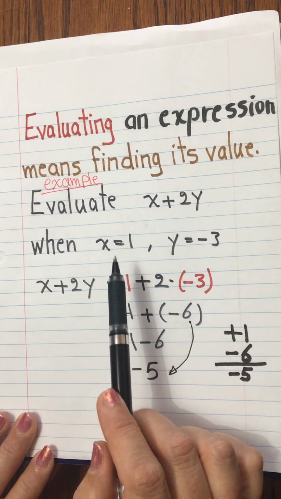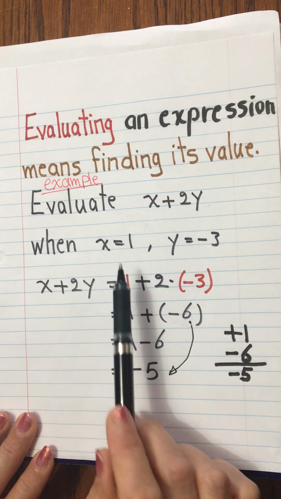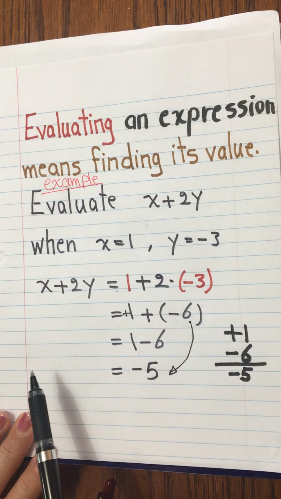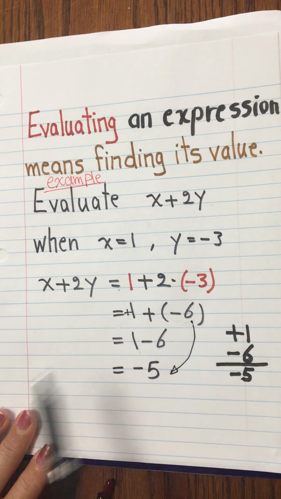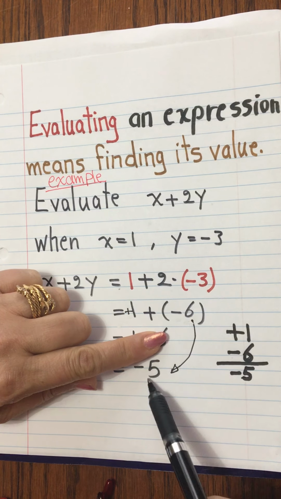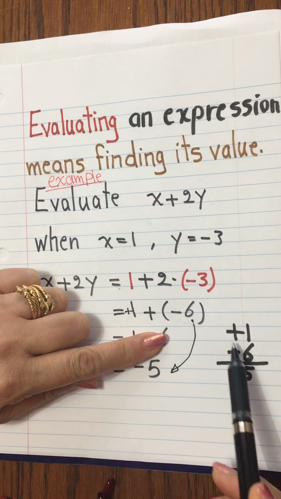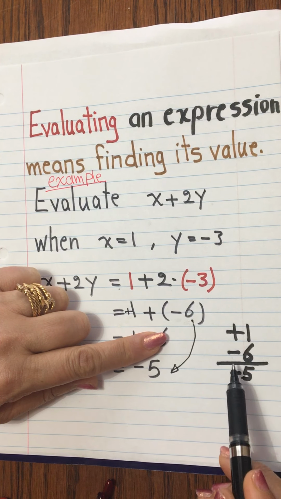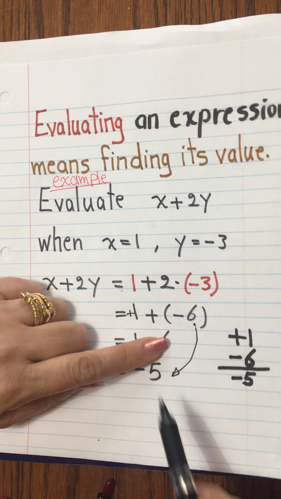So I'm going to plug in 1 in the x and negative 3 in the y. So I can have 1 plus 2 times negative 3, 1 plus negative 6, just multiply them. And then positive 1, negative 6, different signs. I'm going to subtract and keep the sign for the large number, so the answer is going to be negative 5.